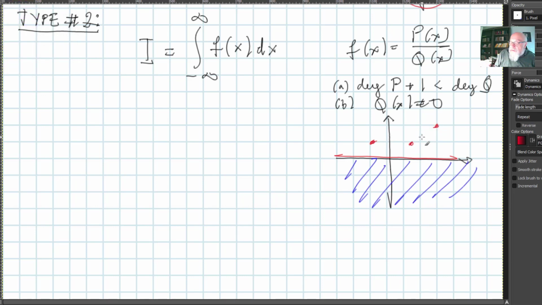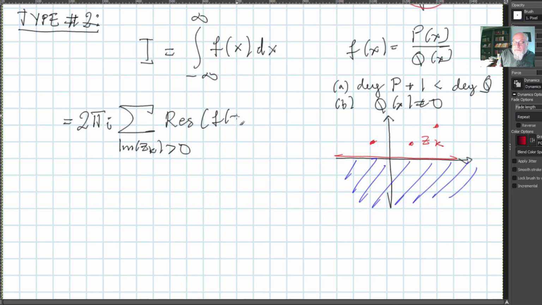Those are the zk, and then we can write the formula. This integral will be equal to pi i times the sum of residues, where the imaginary part of zk must be positive, of f of z at zk. That's the second type of integral.